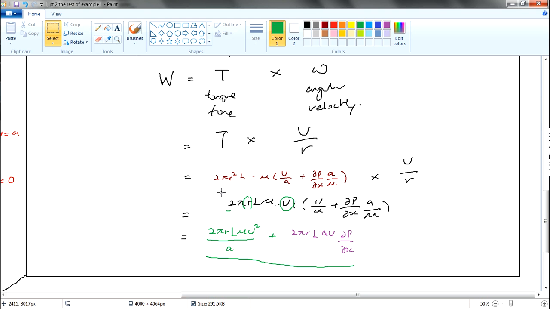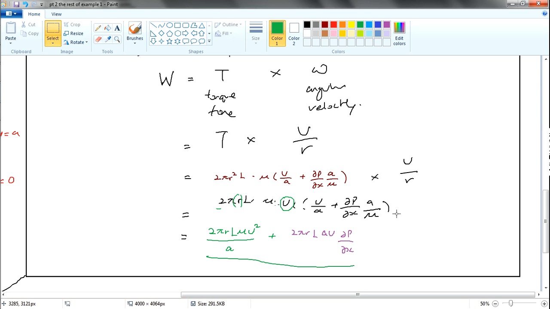And then plus 2 pi R L nu again. In this case, 2 pi R L only. So this is 2 pi R L over here. And then this nu is cancelled away by this denominator nu, right? So they are cancelled, and we are left with del P del X A, right?